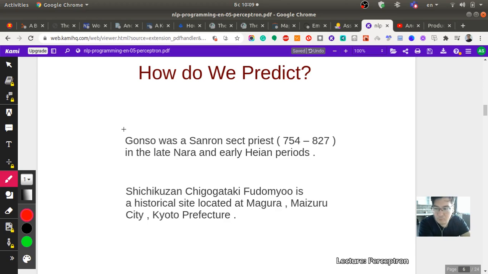So how do we predict it? Actually, it is easy, because if you have the words "sect priest" and, for example, "historical site", you can look at these words and understand that they are quite important and describe the text.